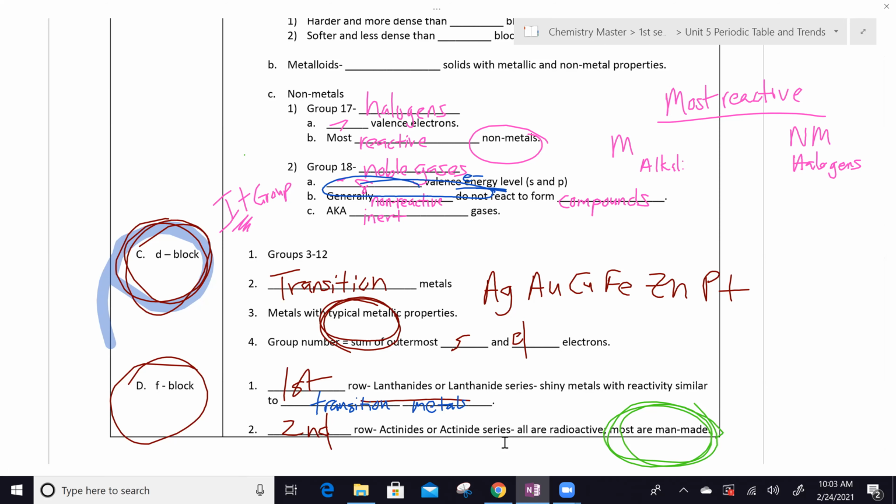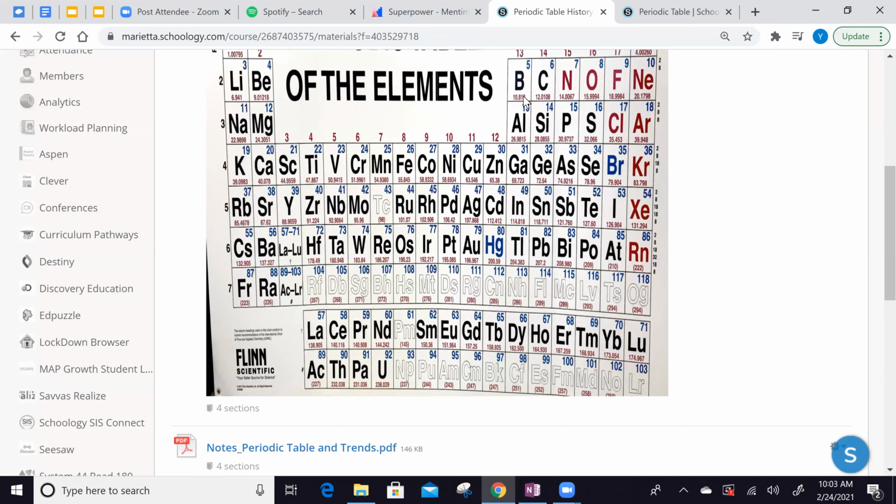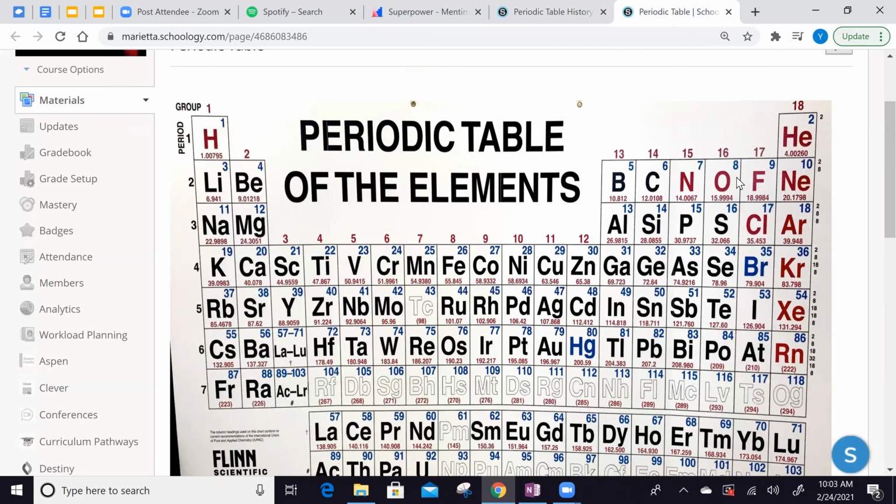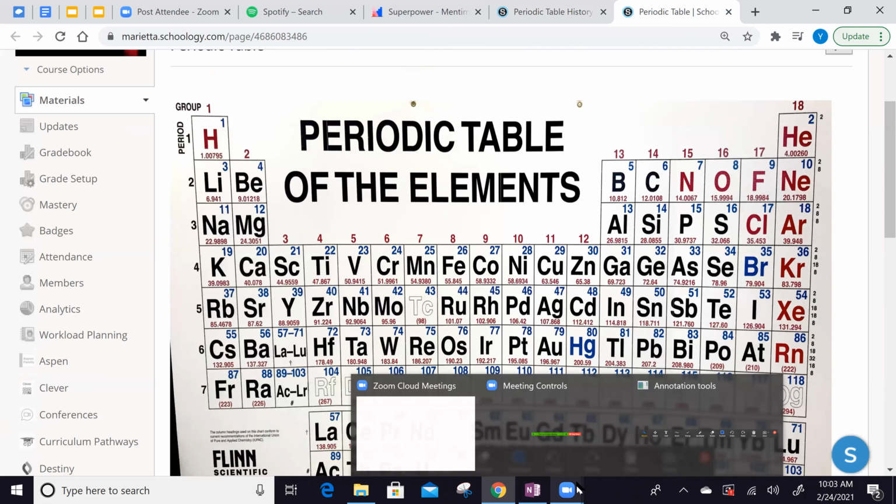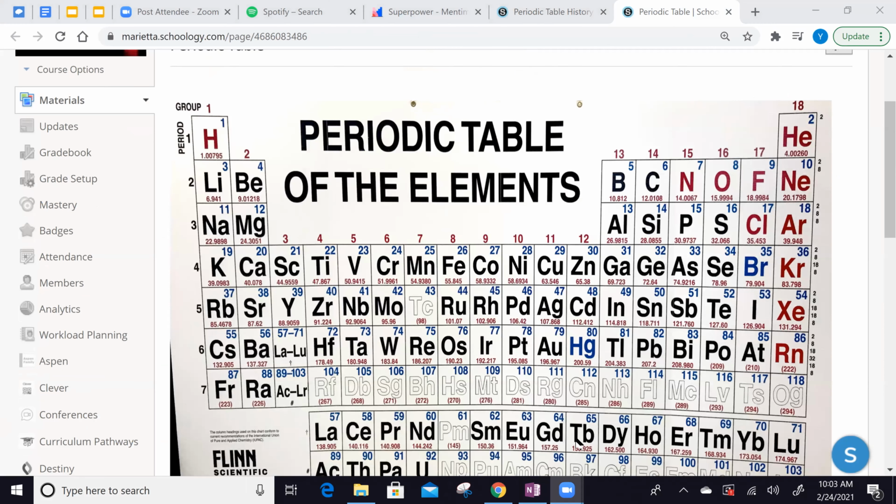Where are the metalloids? Anybody remember what the metalloids are? Aren't they along the zigzag? Yes, they are actually on the zigzag. All right, so now let me go ahead and stop this recording, and then we are going to do some practice.